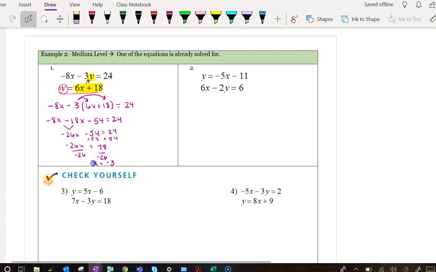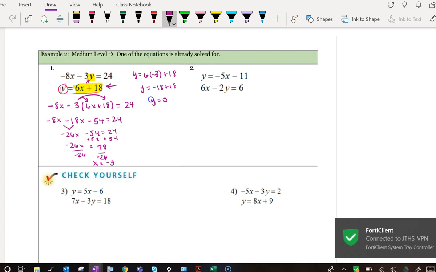Now for this one, you can plug into either of them, but because the second equation is already solved for y, I'm going to go ahead and substitute in that x equals negative 3 into the x in the second equation. And so we get y equals negative 18 plus 18, which is equal to 0.